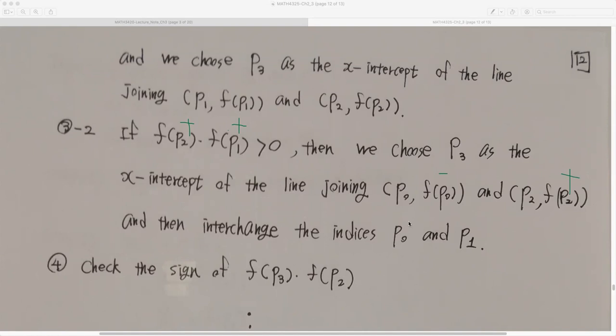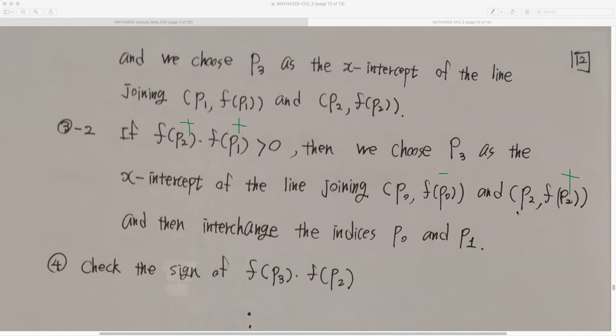Instead of finding the x-intercept of the secant line passing through P1 comma f of P1 and P2 comma f of P2, we're going to find the secant line passing through P0 comma f of P0 and P2 comma f of P2. Then the exact solution, I mean root, is still in the closed interval P0 comma P2, right?